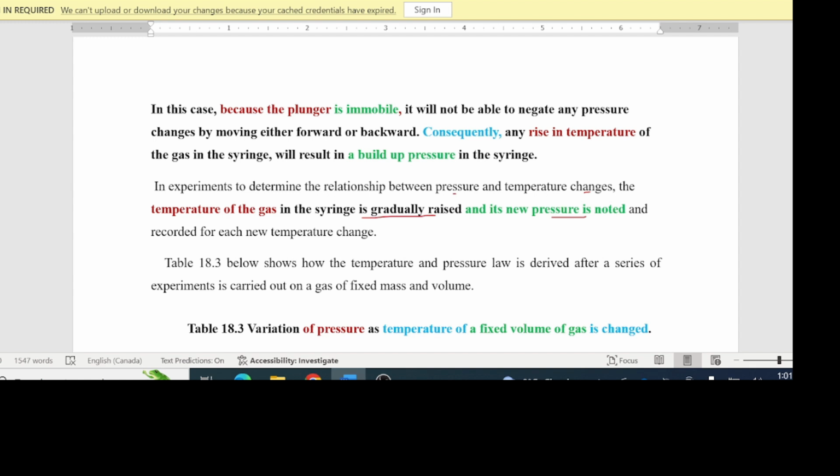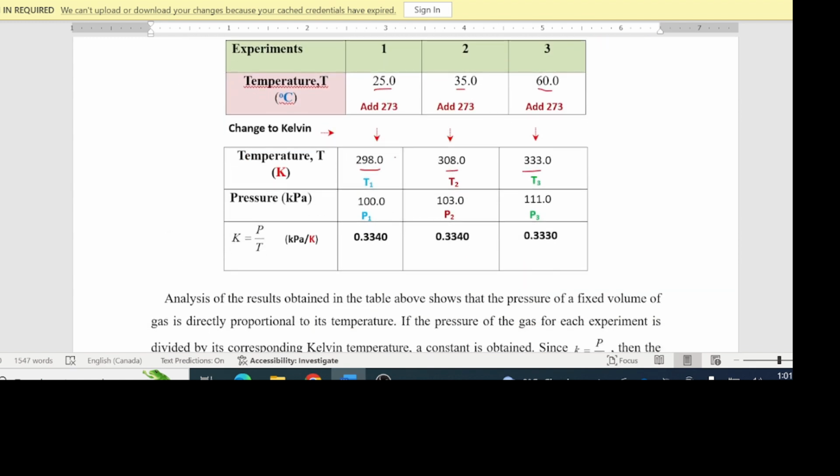So you see this table here, what does it show? This table shows the different temperatures to which the gas in the syringe was subjected. You started with the temperature at 25 degrees Celsius, 35 degrees Celsius, and then you changed it to eventually 60 degrees Celsius. Now at 25 degrees Celsius, the measured pressure was 100 kilopascals.